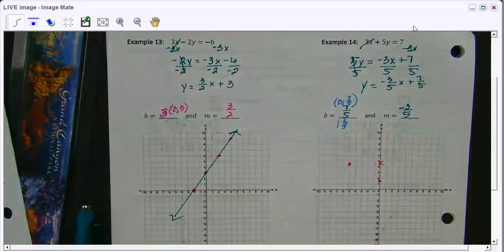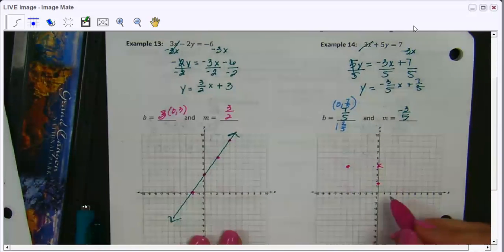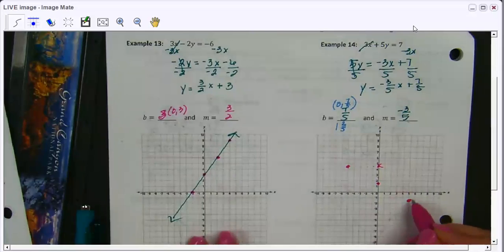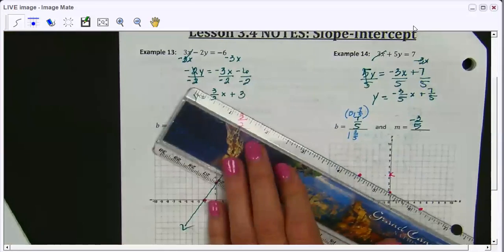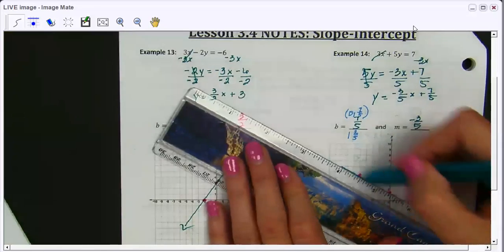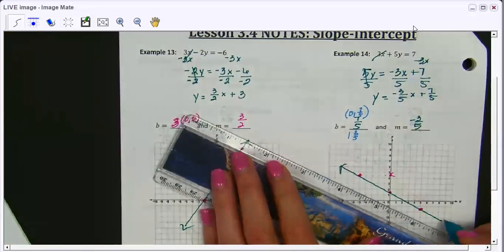So just make sure that if you plotted your y-intercept in the middle of two numbers, that every time you go up 1, you're going in between the next two set of numbers. And then your slope should be like this. And don't worry about being exact or anything on these types, but try to draw straight lines.